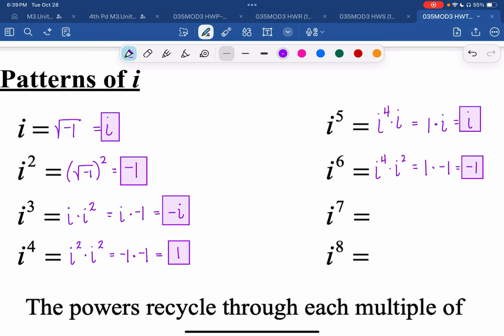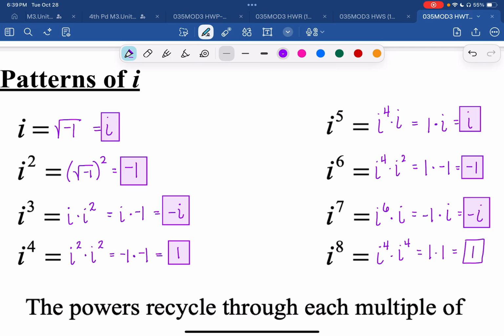I to the seventh, I could rewrite that as i to the sixth times i. i to the sixth, we said, is negative 1, times i, so i to the seventh is negative i. I to the eighth, I could rewrite that as i to the fourth times i to the fourth, and that's going to be 1 times 1, which is 1.